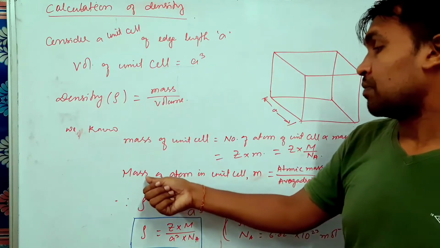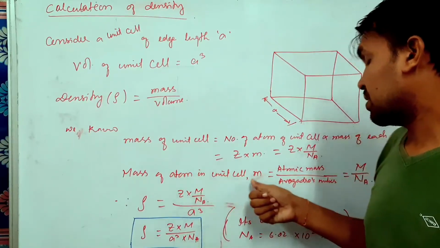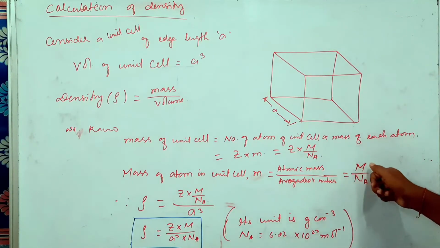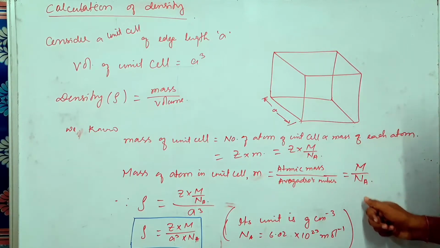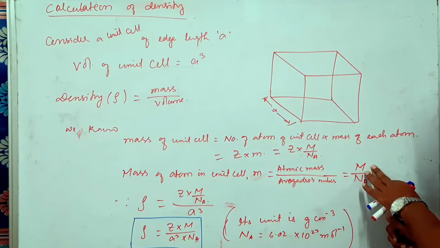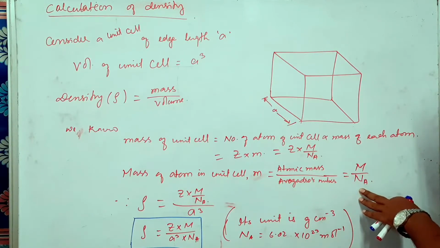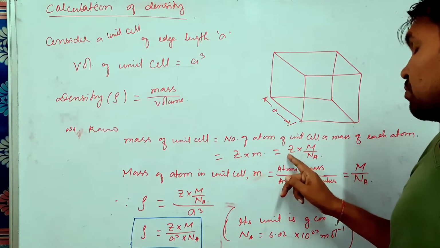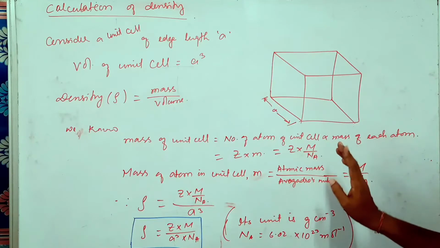First we find the mass of the atom: m equals atomic mass by Avogadro's number, so m is M by Na. Atomic mass is represented by capital M, and Avogadro's number is represented by Na. We substitute this value in place of m, Z into M by Na.